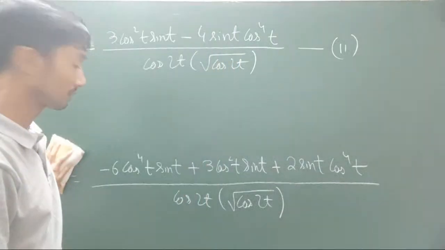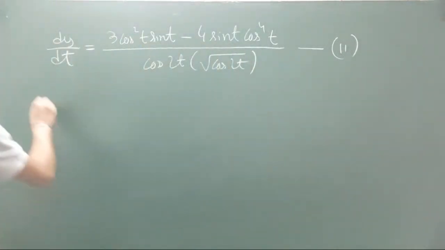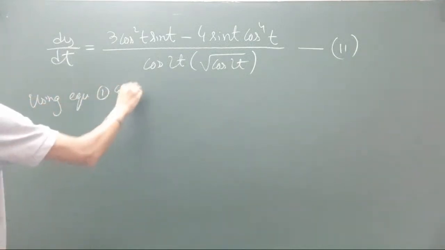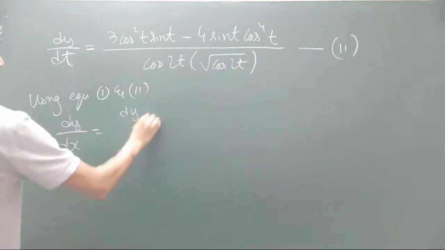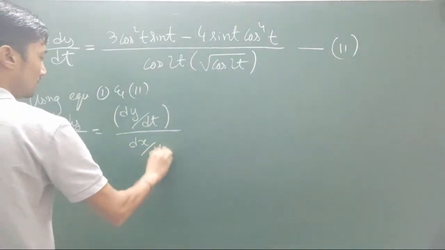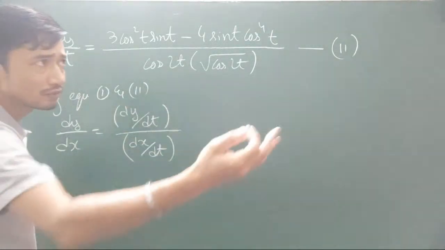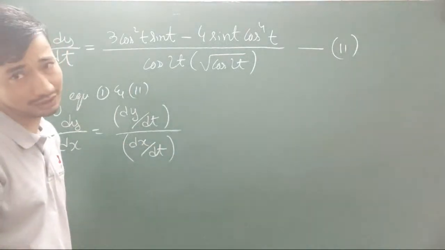Done now. Okay. So you can just write something like this using equation 1 and 2. dy by dx would be equal to dy by dt upon dx by dt. So it should be something like this. Okay, so you can just check the first 3, 4 questions. Kindly convert that to dy by dt, please.